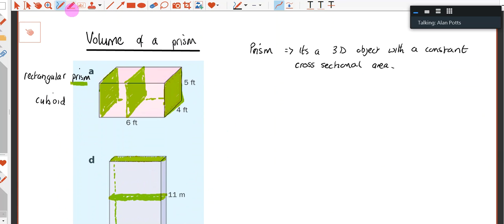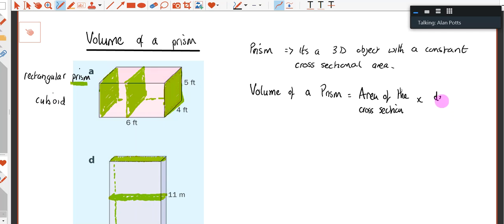When we want to work out the volume of a prism, we do this by working out the area of the cross section multiplied by, well, we could call it its depth or its height or whatever.